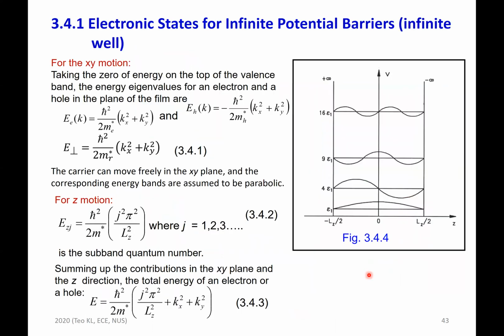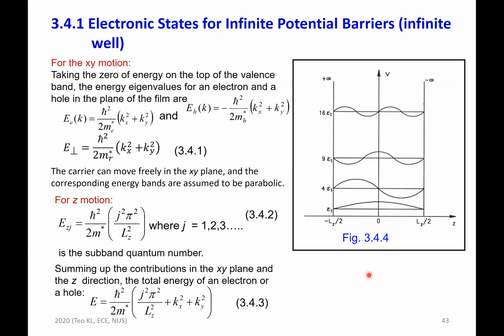Now, I do not want to go into details about the electronic state for the infinite potential barrier, solving the Schrodinger equation, or the finite potential barrier, which is in this case a finite well. You have studied that in Prof. Wu's course.